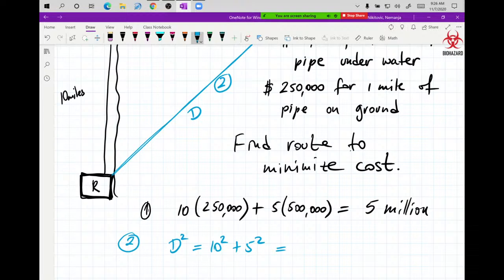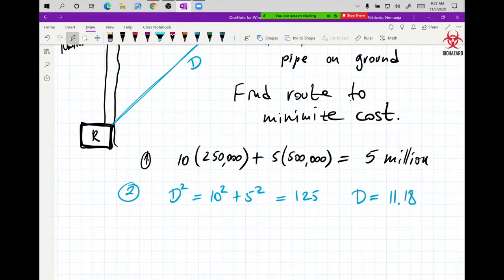So that's 125. And the distance, when you take a square root, ignoring positive, negative, is going to be about 11, because square root of 121 is 11, so square root of 125 has to be like 11.1, 11.2, and using the calculator, it's 11.18.